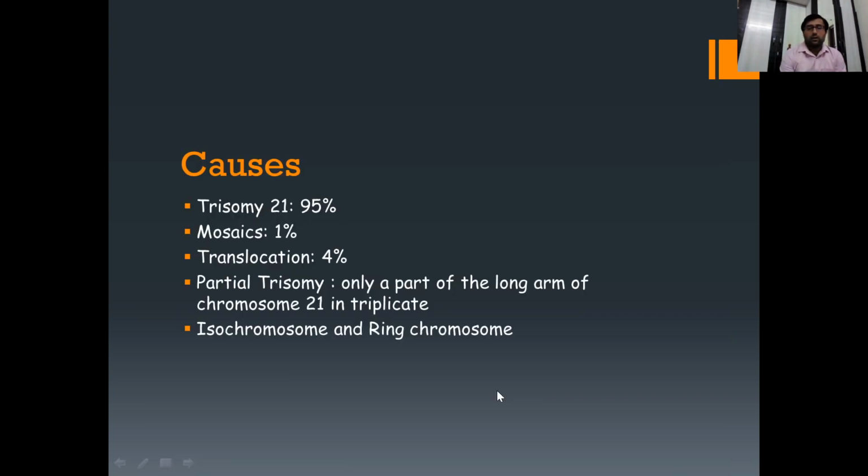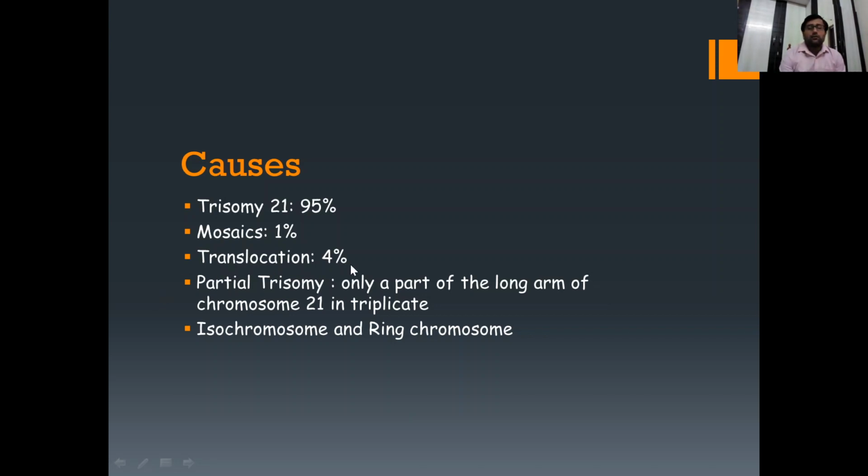Now causes: simple trisomy 21 can be seen in 95% of cases. Mosaic is seen in 1%, where some cells have 47 chromosomes consisting of trisomy 21, while others are normal, having 2n chromosomes.